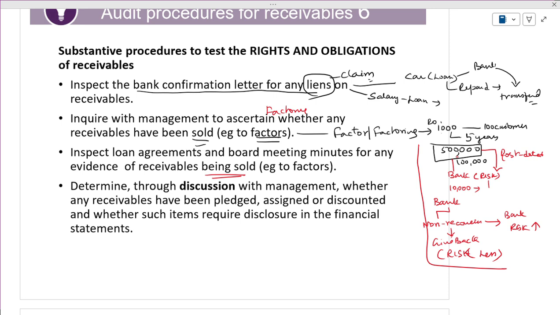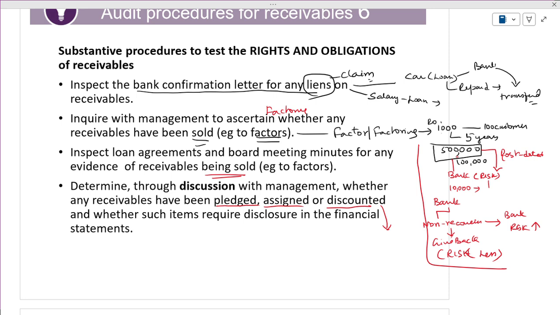Determine through discussion with management whether any receivables have been pledged, assigned or discounted. Is any receivable pledged against any condition, or assigned, or will it be discounted as per the time value?